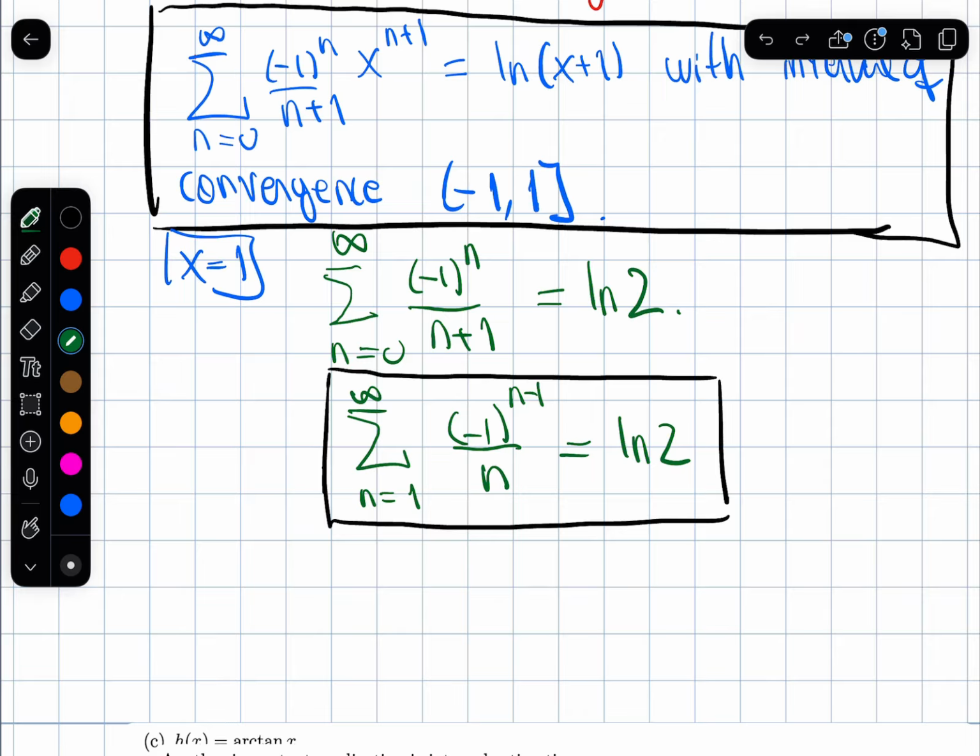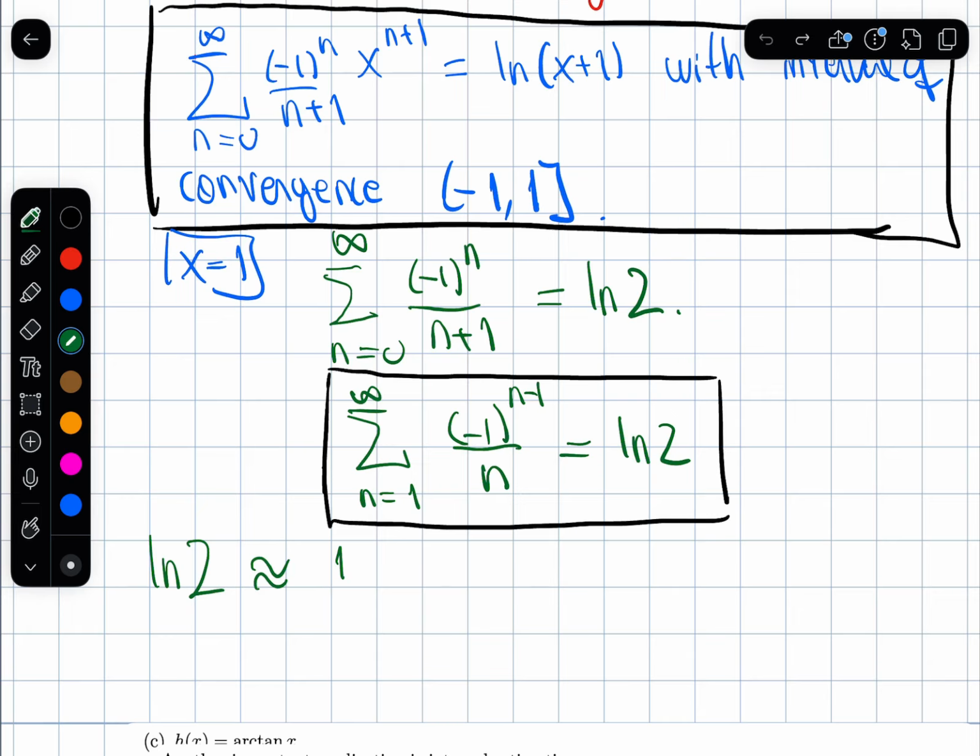So whenever somebody wants the natural log of 2 with a bunch of decimal places of precision, they instead use this summation. So they can say that this is approximately, plug in n equals 1 to get 1 over 1.